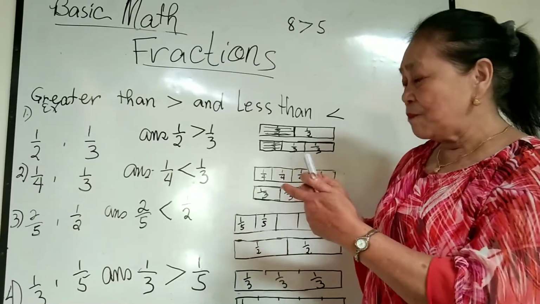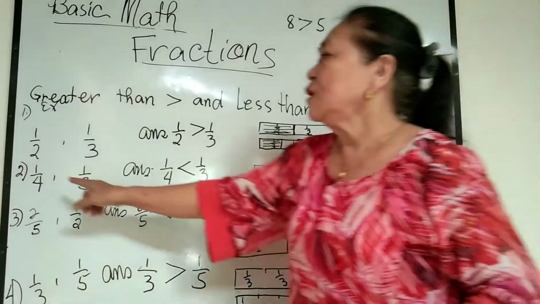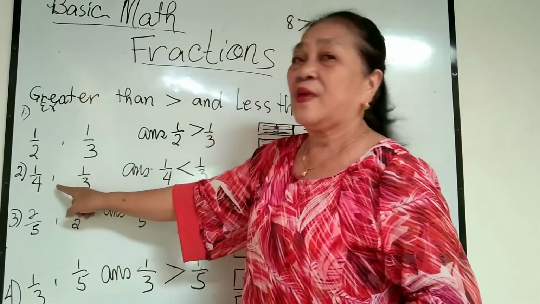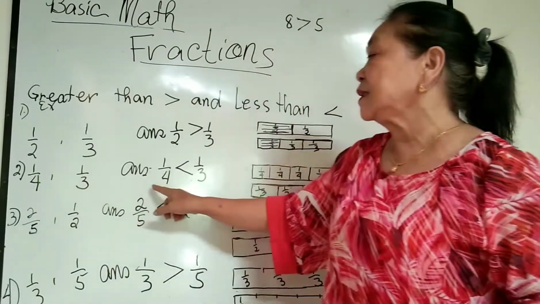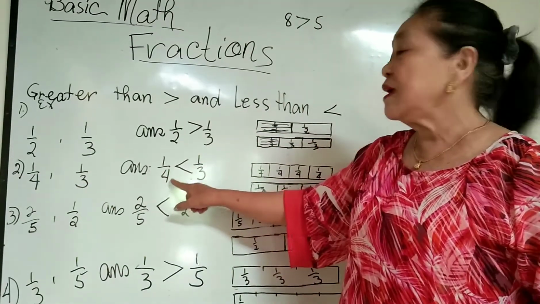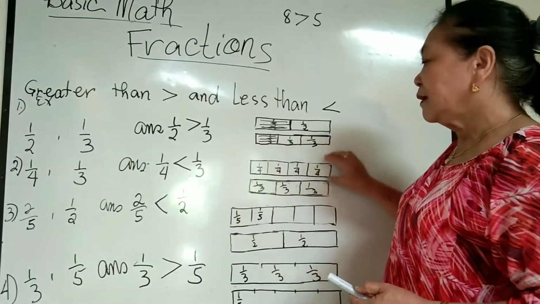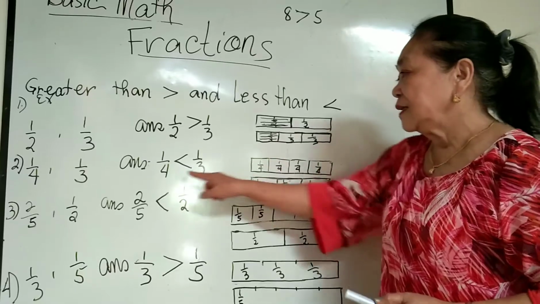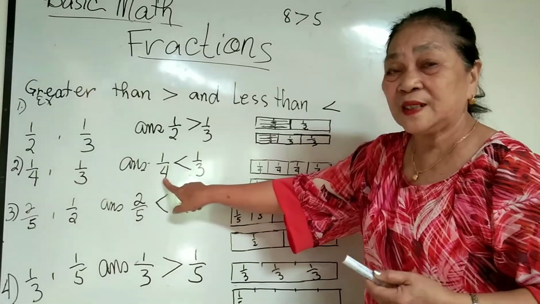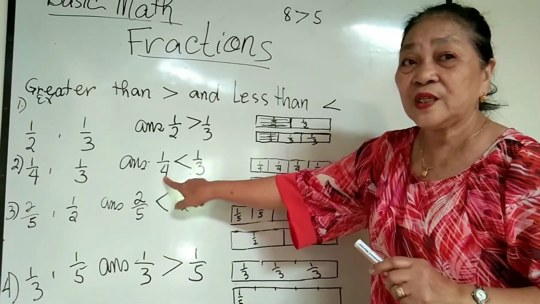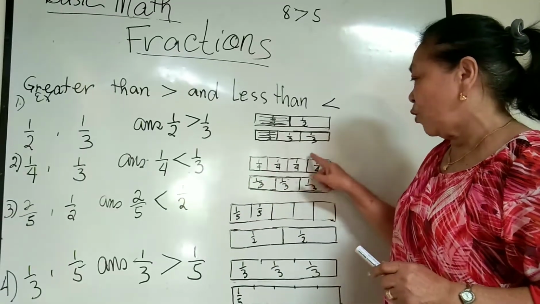Now, another example. Number 2, we have 1/4 and 1/3. The answer is 1/4 is less than 1/3. Now, granting they are equal, I divide. How many times do we divide? The divisor is 4. So divide this by 4.